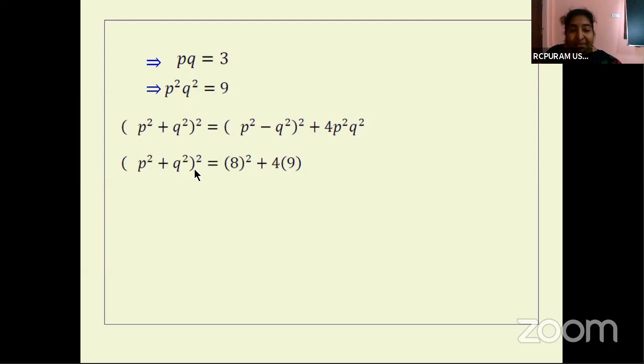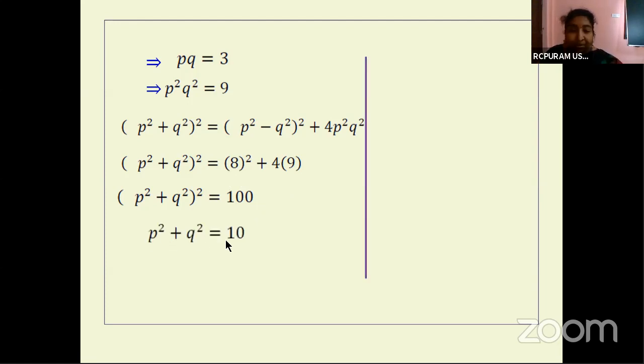Now, p square plus q square whole square is equal to, we have calculated p square minus q square as 8, so we are just substituting, and p square q square is 9. So this is 4 into 9. p square plus q square whole square is equal to 64 plus 36, which is 100. Then p square plus q square is equal to 10.